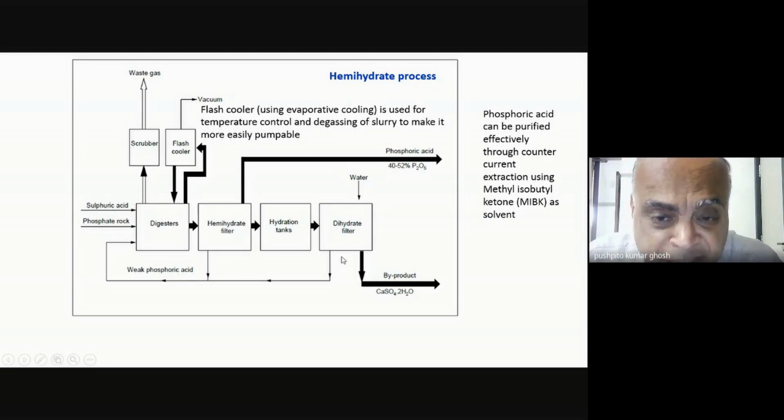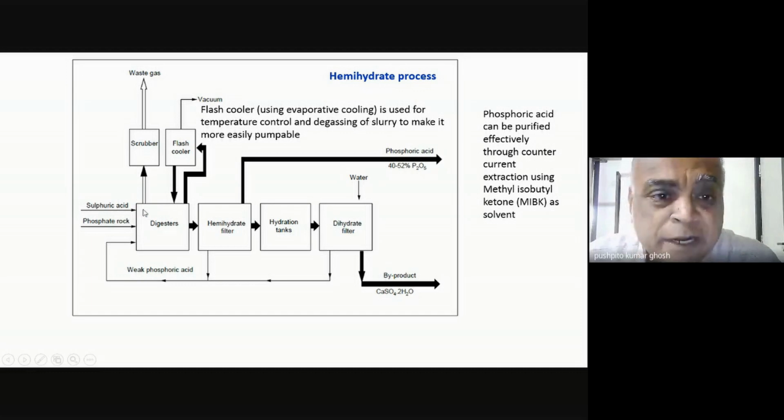Now, the weak phosphoric acid that you get over here, you just put it back here, because what did we say? Otherwise, if you form calcium sulfate and it coats, then it's a problem. So the sequence is important. They must be taking the weak phosphoric acid, reacting it with the phosphate rock, just so that the gypsum is not formed at that stage and the entire mass is getting solubilized.